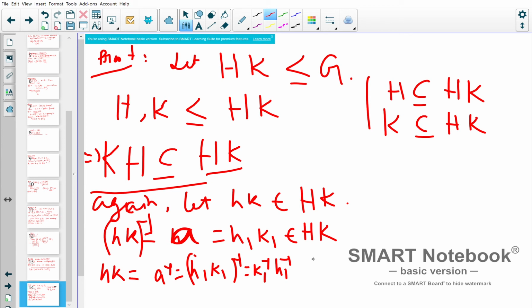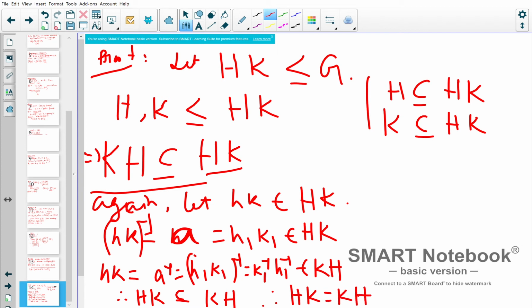And hence this is an element of KH, because K1 inverse is an element of K, H1 inverse is an element of H. So given any element of the form HK, that is also element of KH. So thus HK is a subset of KH. And done. So that means they are equal, they commute. As I said, they are equal, right? So this part is obvious.